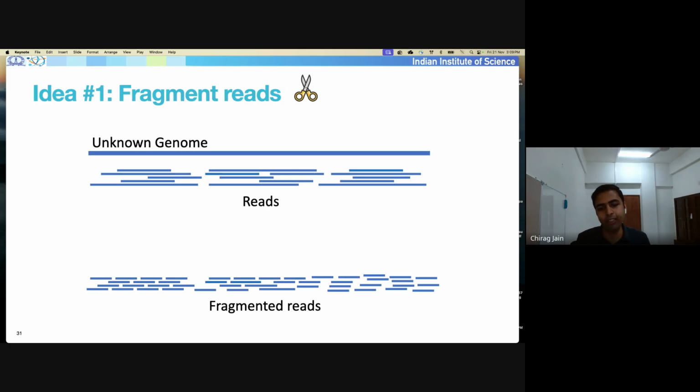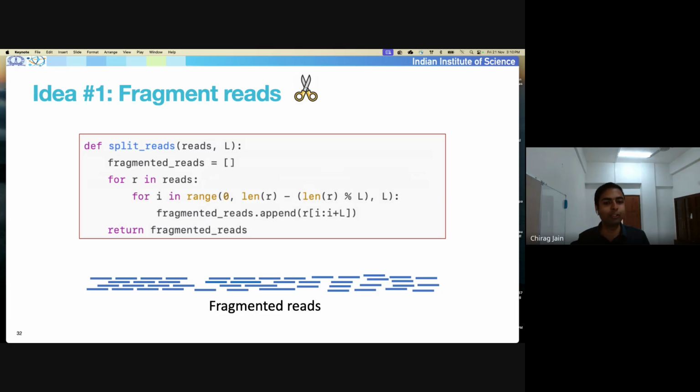So one simple solution is, why can't I just fragment all the reads into shorter reads of equal length? And that can be done by just 2 lines of Python code: you take all the reads and chop each read into equal length fragments.